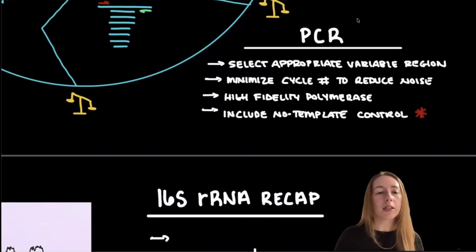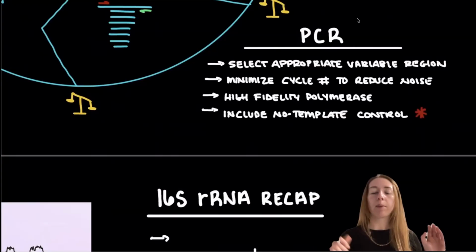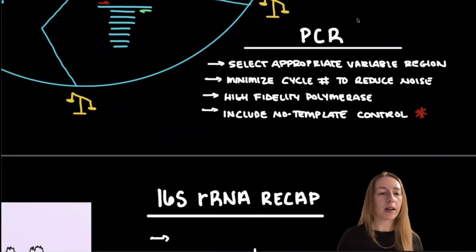And then also using a no template control. This is super important because as we're going through and performing PCR, there's always a risk of accidentally contaminating our samples. And so that means maybe a sample that had a lot of DNA in, you added in a sample that shouldn't have had any DNA in it, and now it's showing up as if it worked.